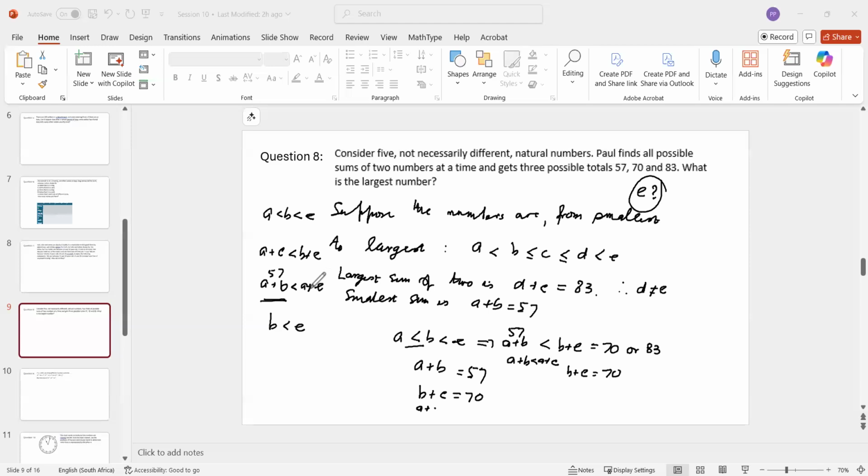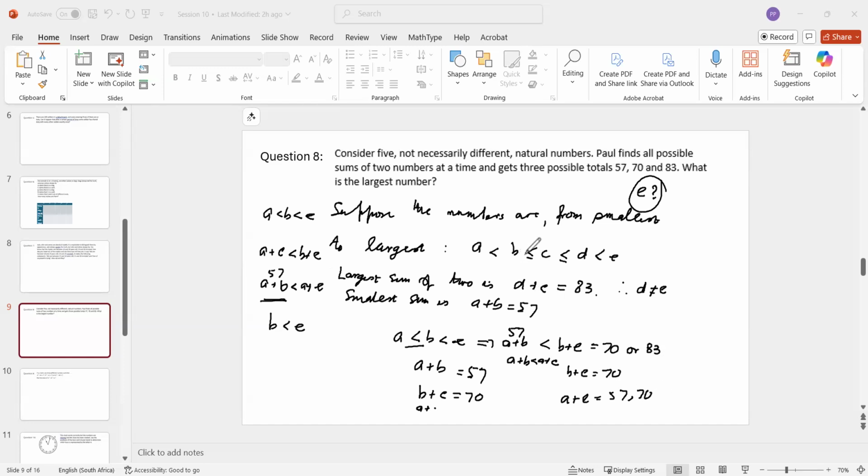So this is 57. So therefore A plus E must be 70 or 57 or 70. Right. But A plus E can't be, both of them can't be the same because otherwise you'll have this situation.